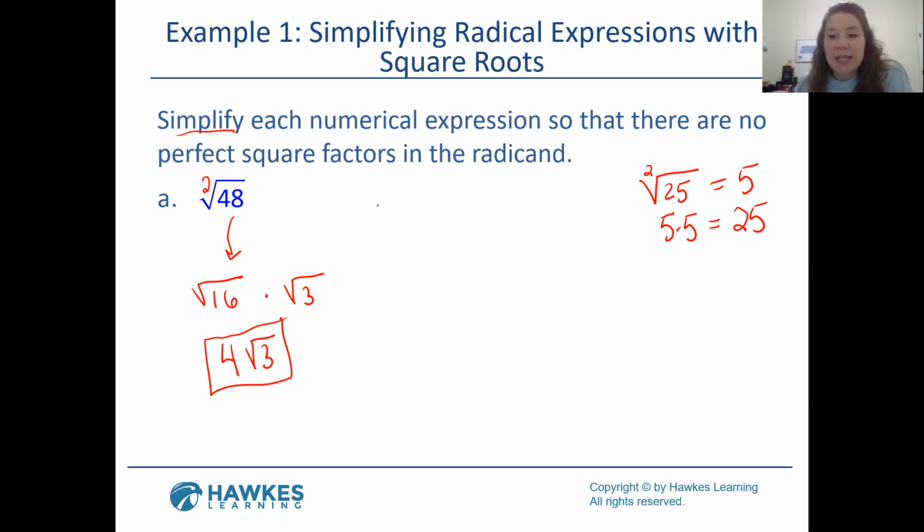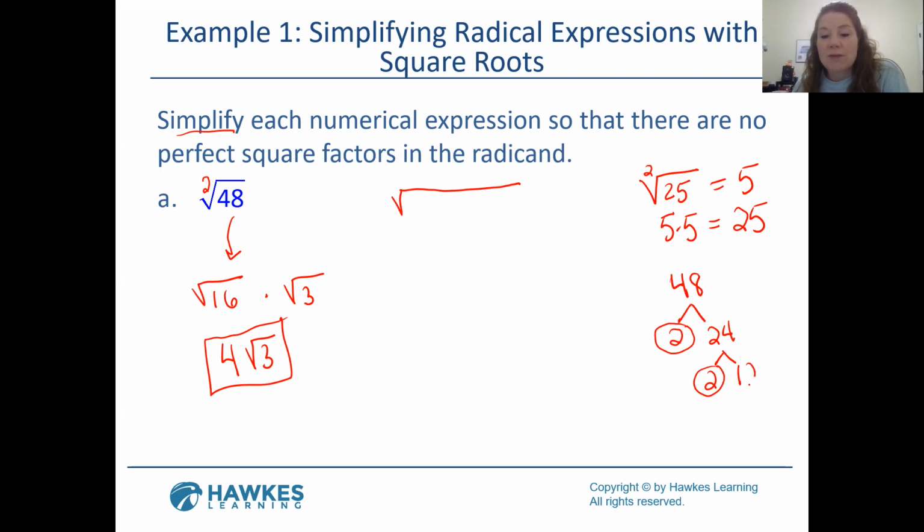Now, another way to look at it, and what we'll do when we get into roots that are bigger than 2, is we're going to list all of the prime factors of 48. For example, I know I can divide 48 by 2, which is a prime number, so I'm going to circle my prime number. 2 times 24 is 48. I know 24 is divisible by 2, so 2 times 12 is 24.